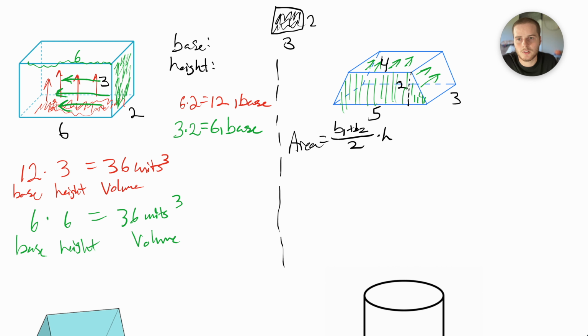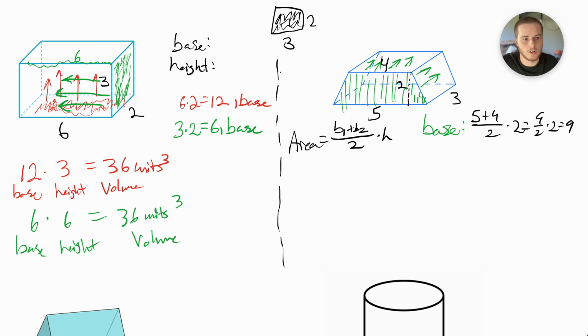So first step, we want to find that base, which, because we picked this trapezoid to be the base, we know is going to be the area of this trapezoid. We can use the equation that we know. Base 1, we'll say that's 5. Base 2 is 4, divided by 2, times a height of 2. So that's going to give us 9 over 2 times 2, which is equal to 9.